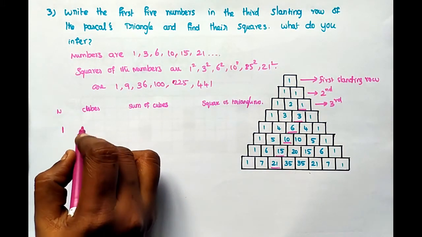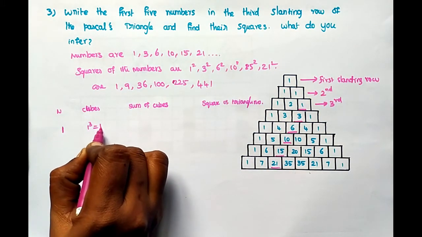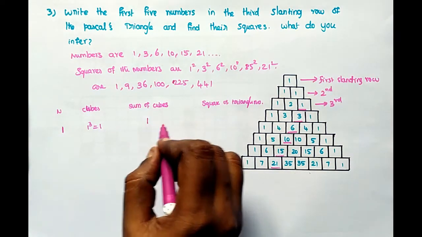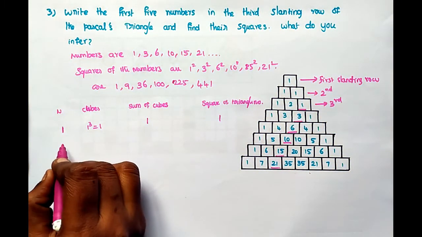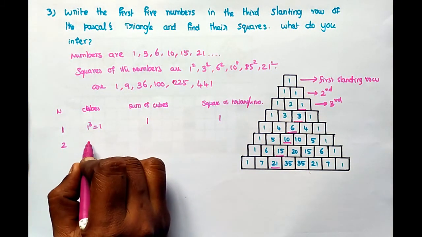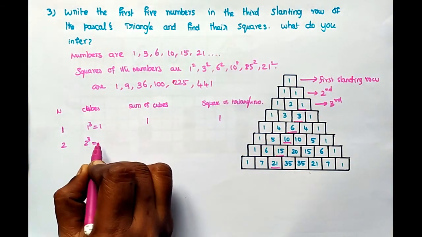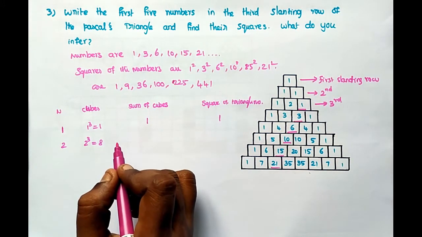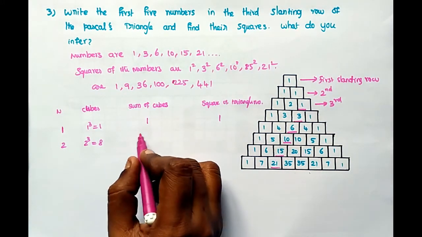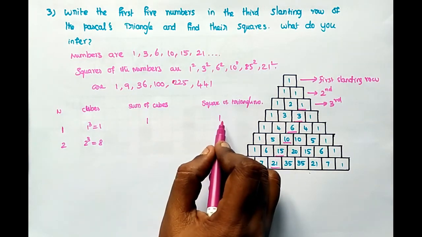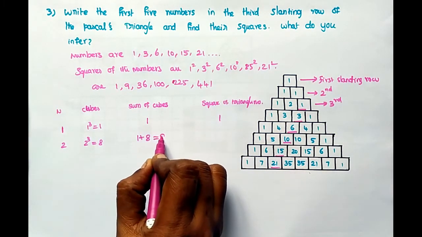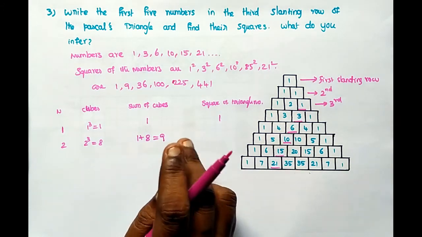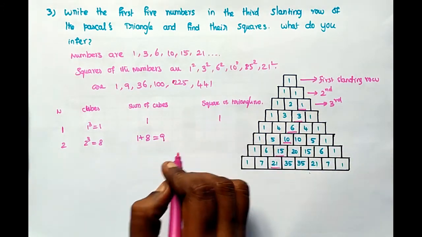1 cube equal to 1. So here also 1, its triangular number is also 1. Next, natural number 2, 2 cube is 8. 2 2s are 4, 4 2s are 8. 1 plus 8 equal to 9. That is the square of the triangle's next number.